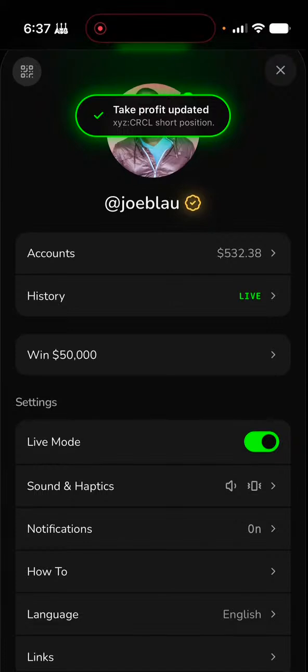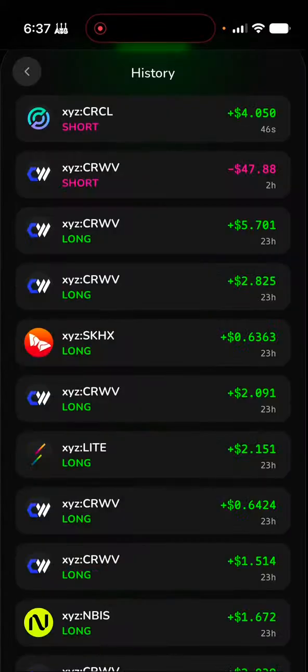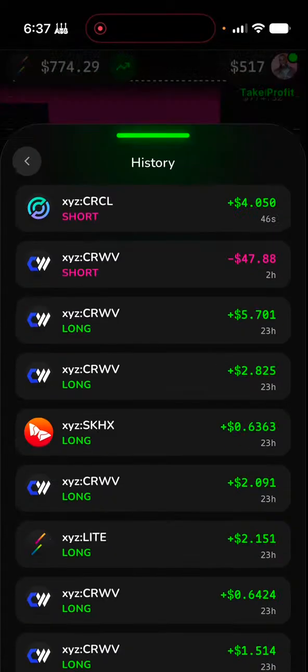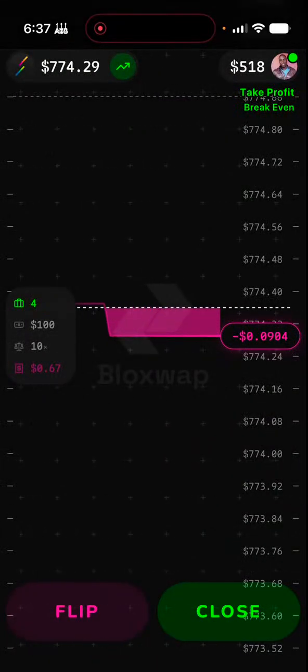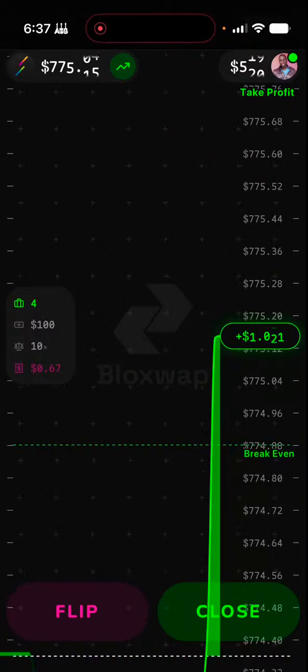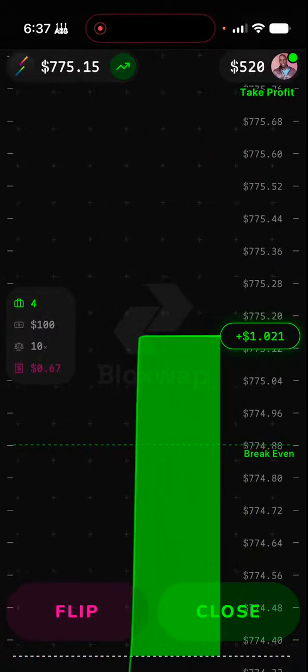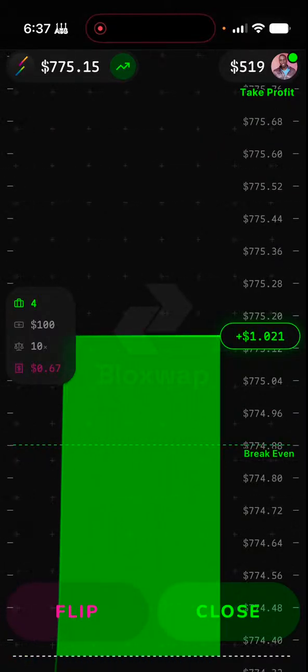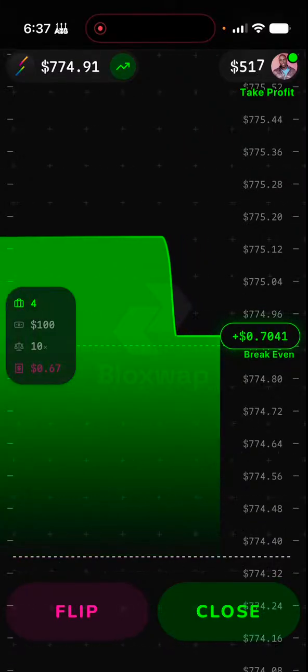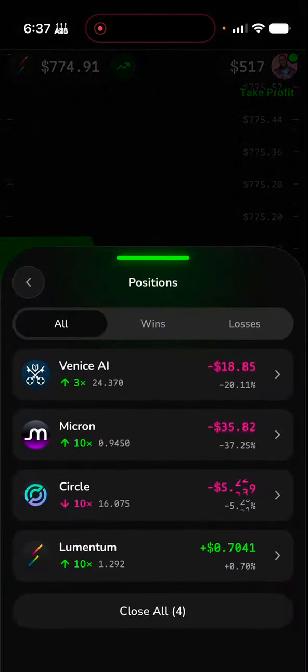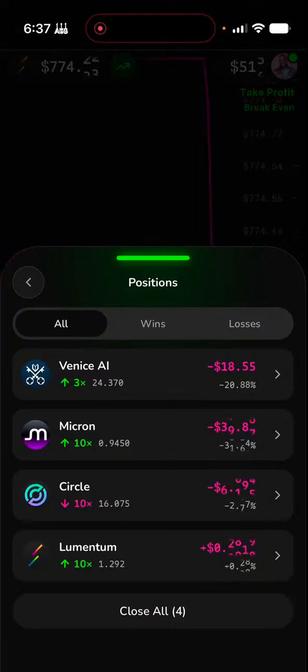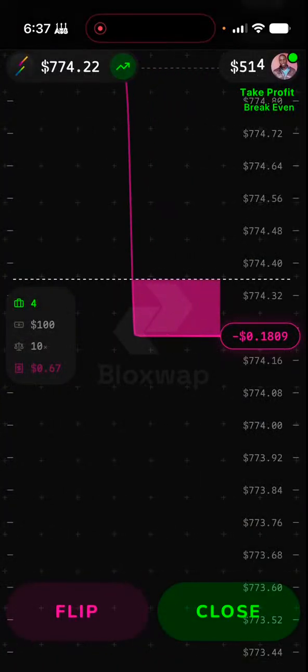If we look at our history here, yes, $4 on our Circle position 46 seconds ago. So we've just opened up these new positions. Now our Lumentum is positive. Our take profit is above our line here, so we need to see if we can hit that. And we'll see how it goes.